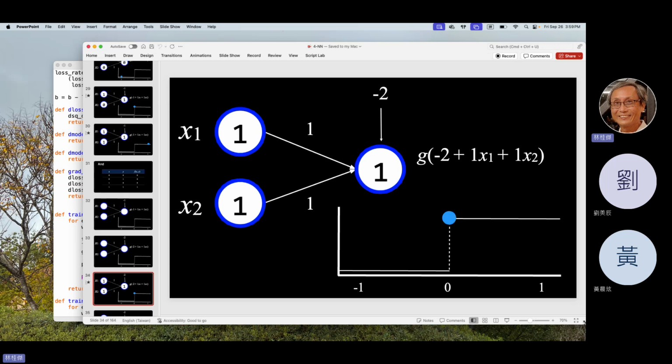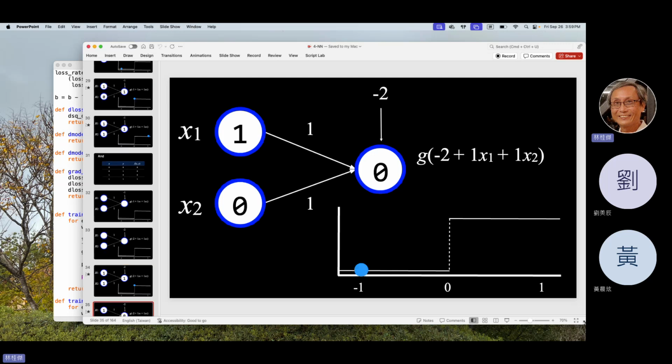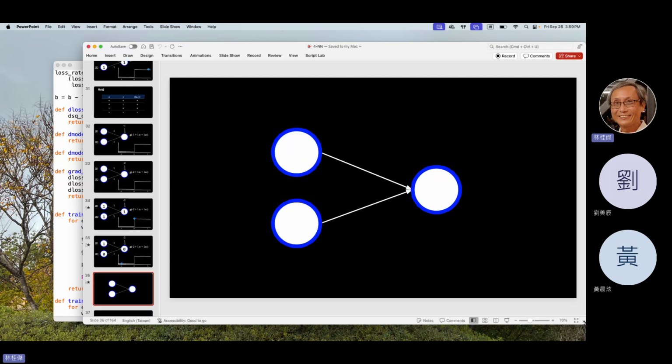You can see that in this case, only when both of them are 1, and because this is -2, it's going to be 0 here, which is going to map into 1. Anything else, when you have 0 on either side, this one here will be less than 0, and so therefore you will be shown to be 0.